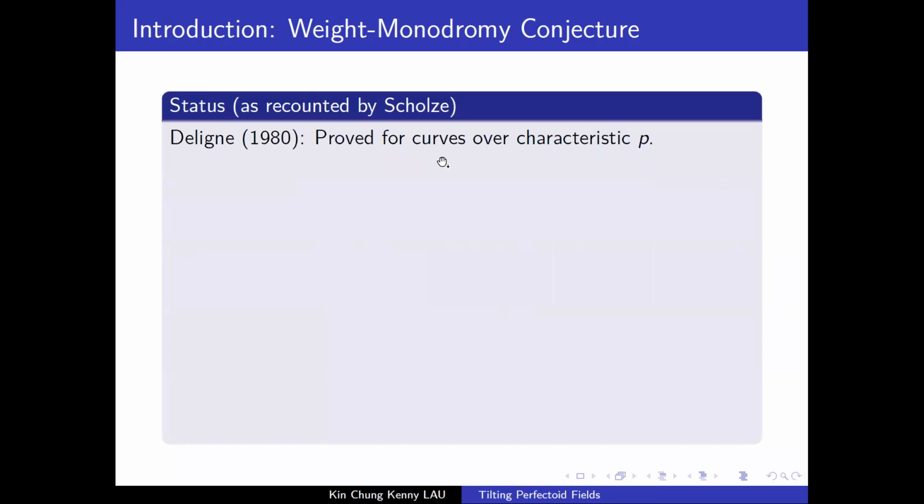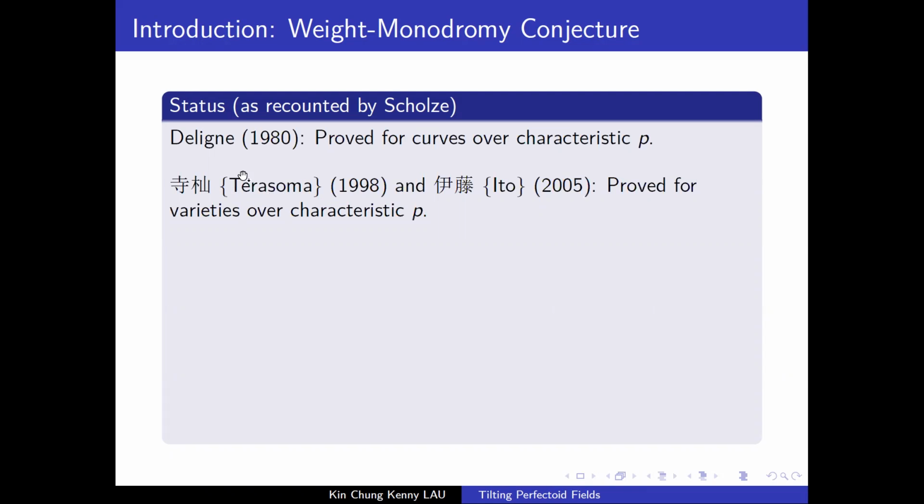Then Terasoma and Ito, in the 2000s, proved it independently for general varieties over characteristic p. So it doesn't need to be dimension 1 anymore; it can be any dimension. This is a generalization of the previous result.